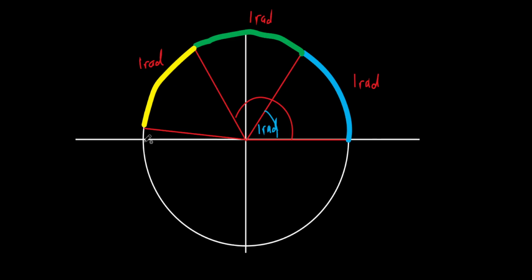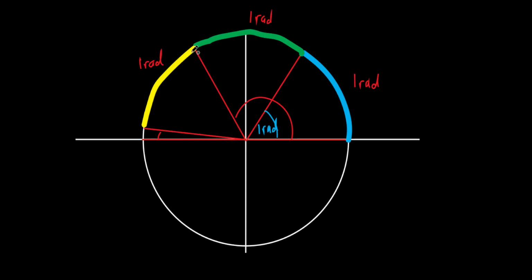Something should be popping in your head right now. What if I went from here to here? Oops, I didn't do that very accurately. There we go. What do you think that little tiny bit right there is going to be? That little angle right there.